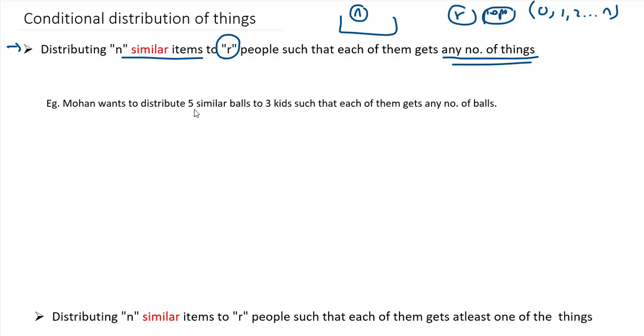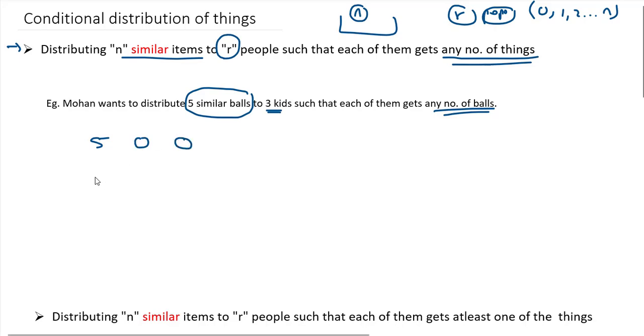Mohan wants to distribute 5 similar balls to 3 kids such that each of them gets any number of balls. So there are 5 balls which are of the same type and he needs to distribute them to 3 kids. This distribution can be done in such a way that the first boy gets all the 5 balls, the second boy gets 0 balls, and the third boy also gets 0 balls.